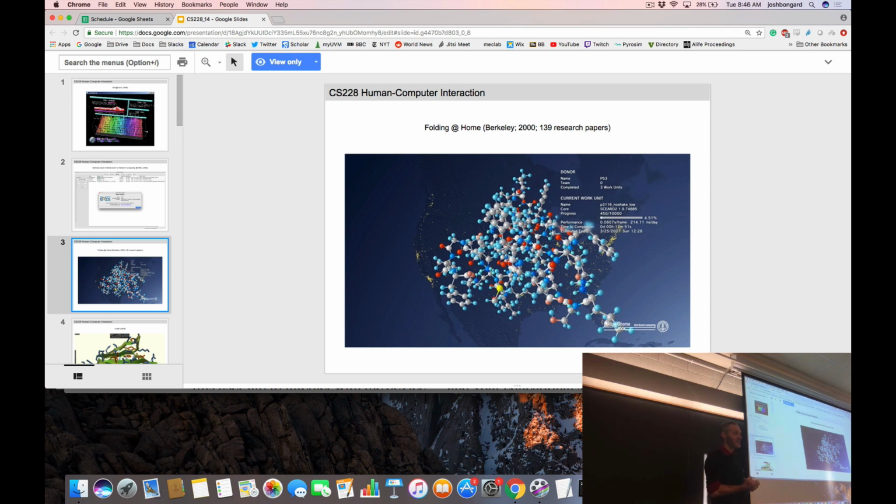Today, if the only thing you wanted to do was to attract a huge amount of compute, which is what the SETI at Home project and the Folding at Home project wanted to do, you probably wouldn't create a screensaver. You would go to the cloud, which works for some things. If you're the Berkeley research team, you might have enough money to buy enough time on the cloud to do the amount of computation required to generate enough data to produce these 139 research papers.